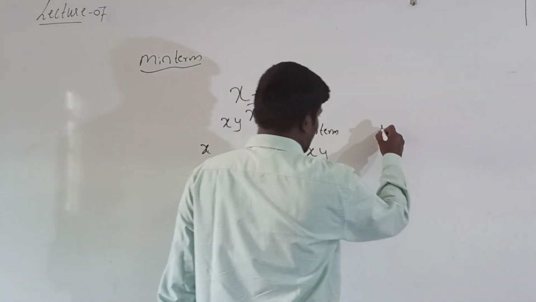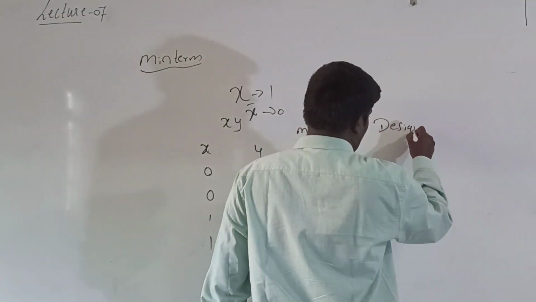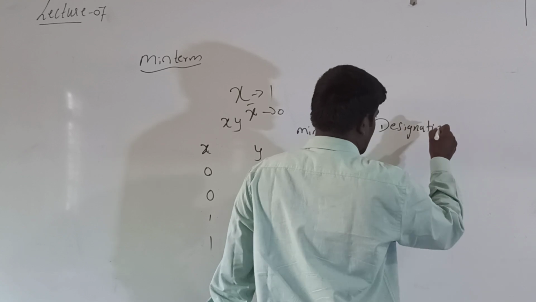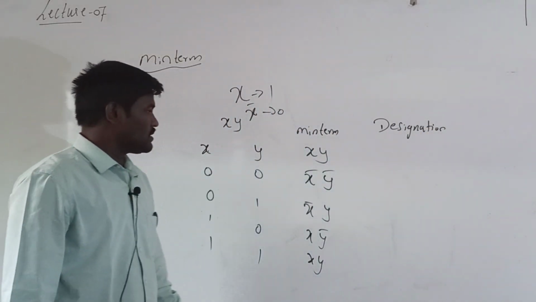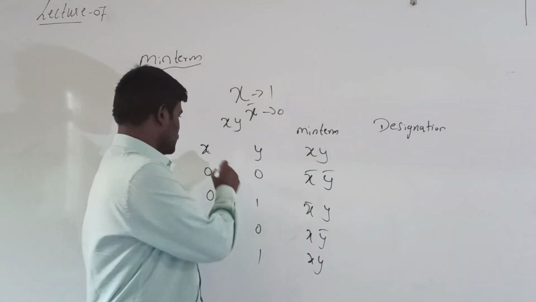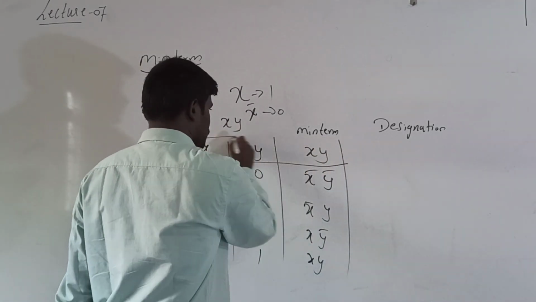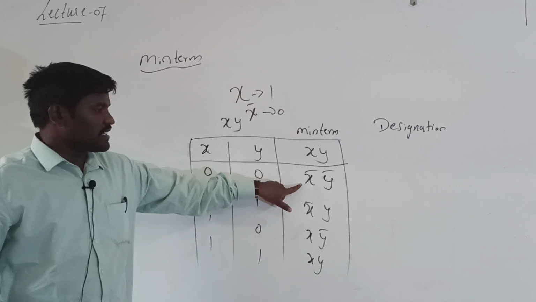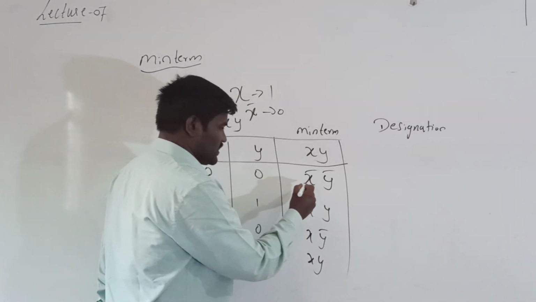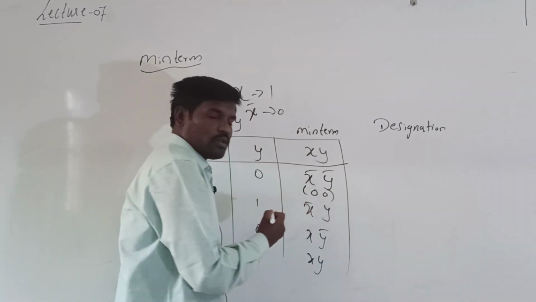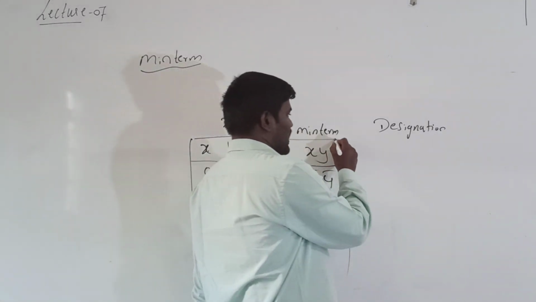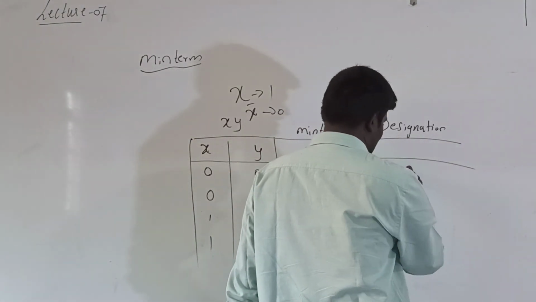Okay, so next we have to write the designation or positions. Designation. Okay, here x bar, y bar is there. It is nothing but the 0 0. So that's why I can write the designation as m0.